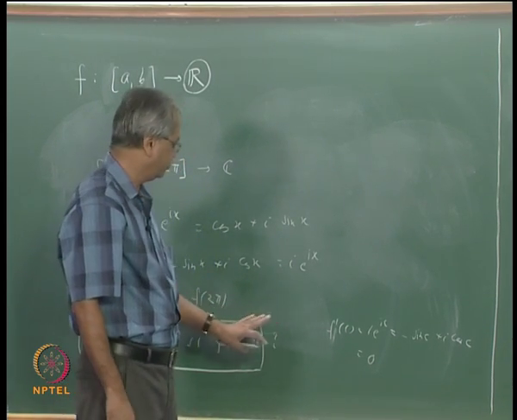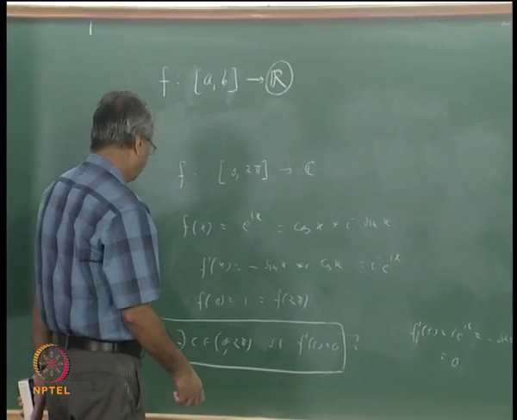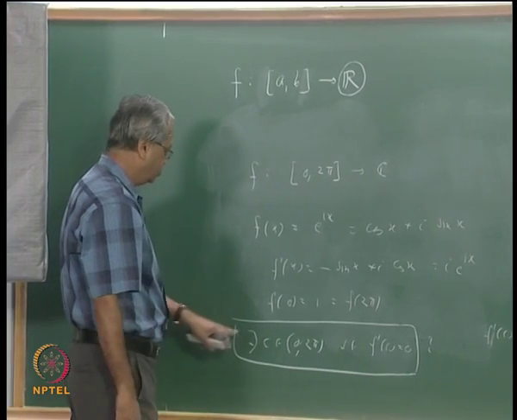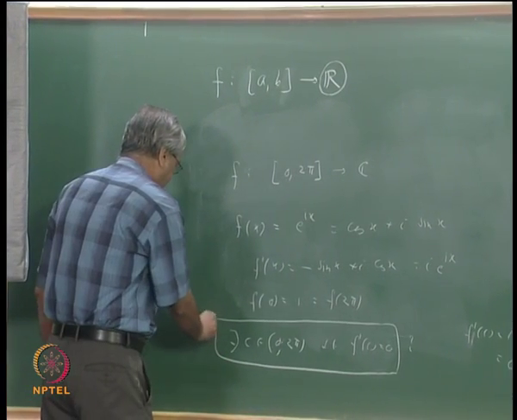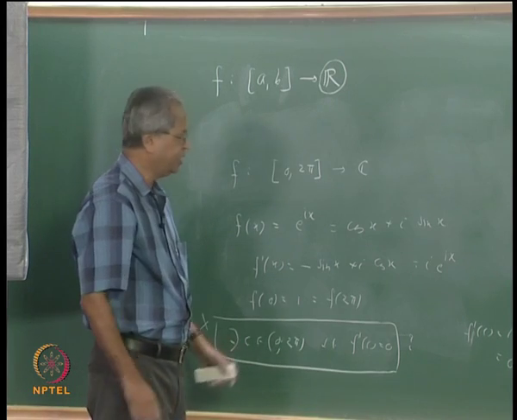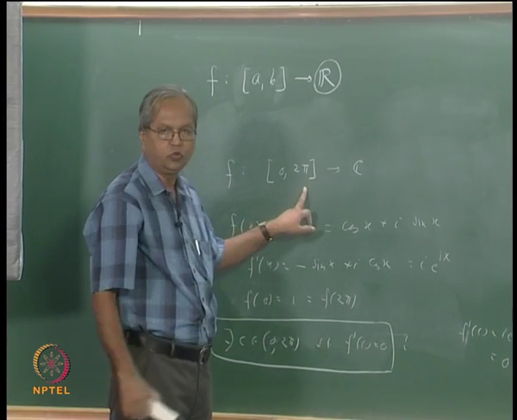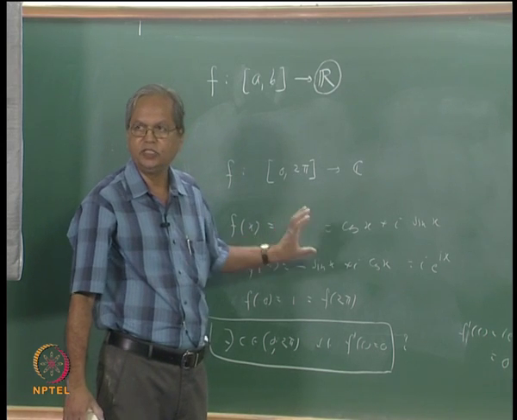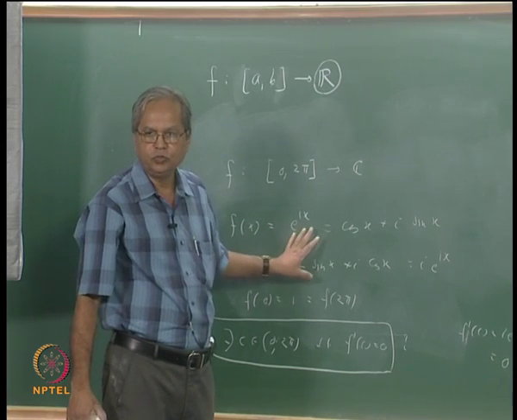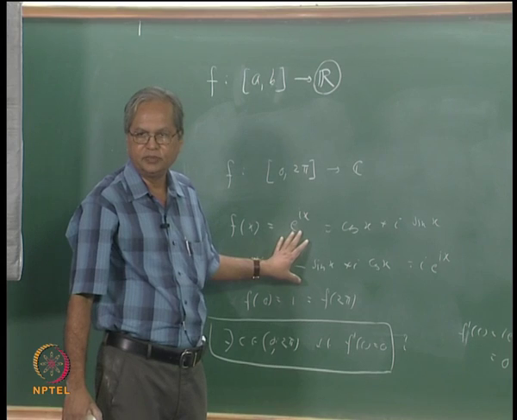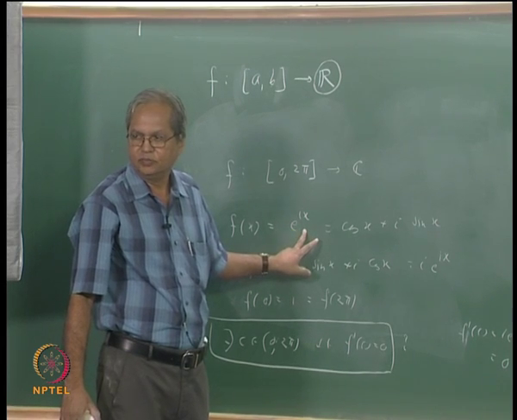So what we are saying is that in fact there exists no such c, so this is a false statement. If you take any c in the interval 0 to 2 pi, the absolute value of f prime c is equal to 1, so it is not going to be 0 for anything. Is that clear?